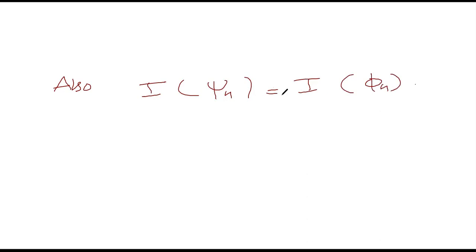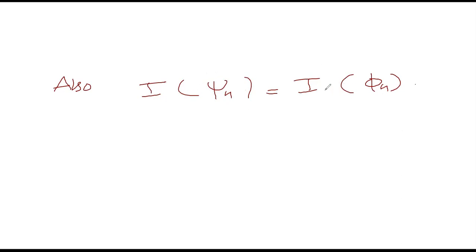So this also means that, because psi n is equal to phi n almost everywhere, the integral of psi n is equal to the integral of phi n. So therefore we can replace this phi n by psi n if necessary, because it will not harm, as the integrals are also equal.